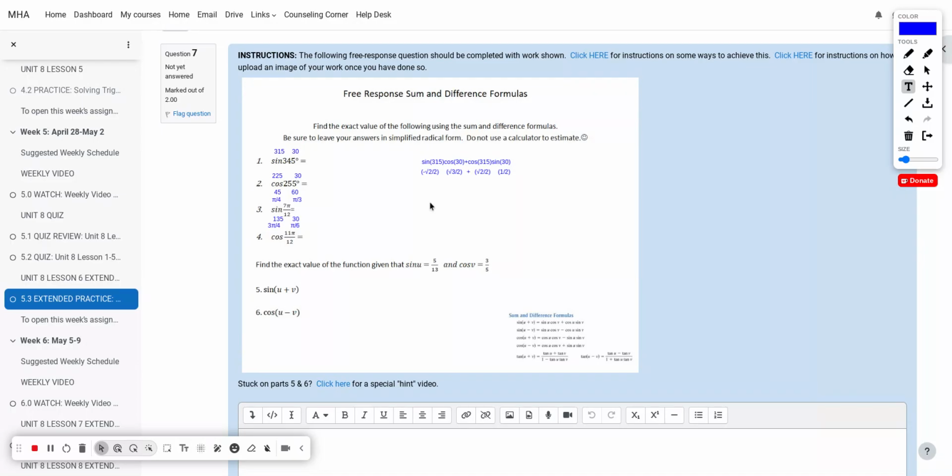I have my notes right next to me, making sure I'm doing things right, so I don't mislead anyone here. So that's going to be negative square root of 6 over 2 plus positive square root of 2 over 2.